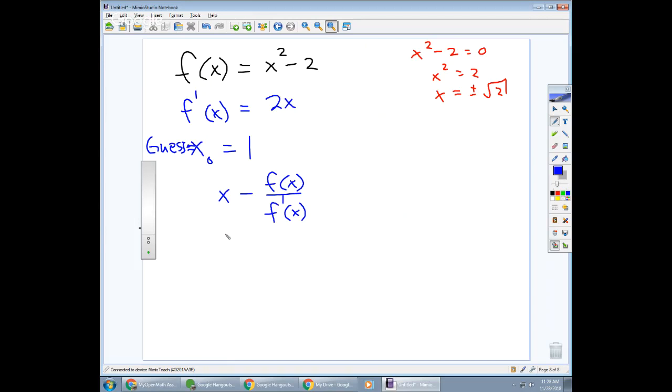So to get my next x value, I'm going to plug in my 1 here, minus, let's see, 1 squared minus 2 would be the function value, and the derivative would be 2 times 1. Cleaning that up a touch, we get 1 minus negative 1/2, which is 1 plus 1/2, which is 1.5.